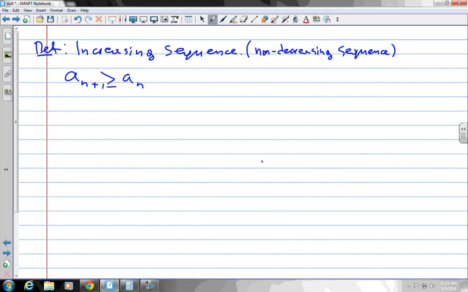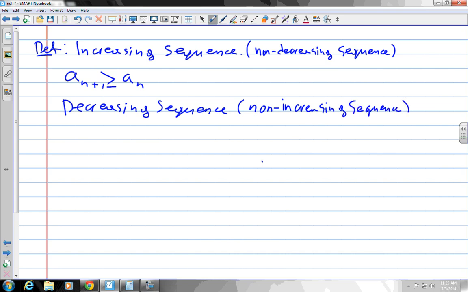But anyway, at the same time we can do the decreasing sequence. Or in other words, non-increasing. So that means the next step is less than or equal to the one before. Okay?